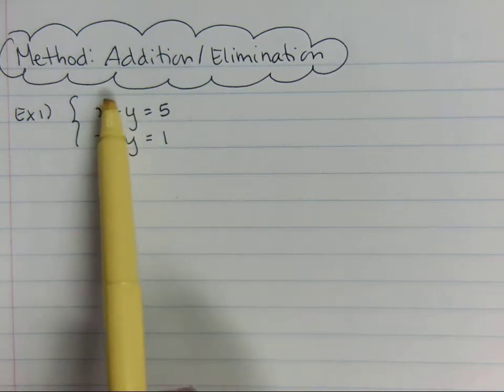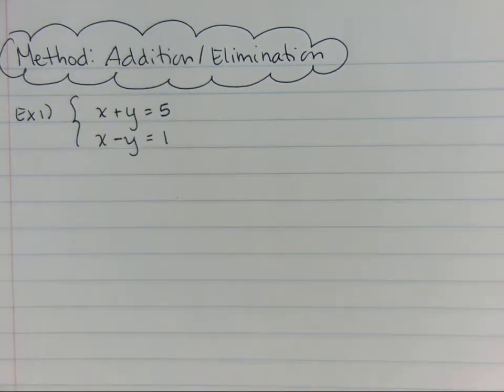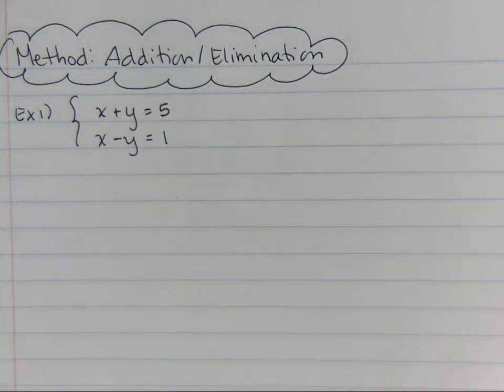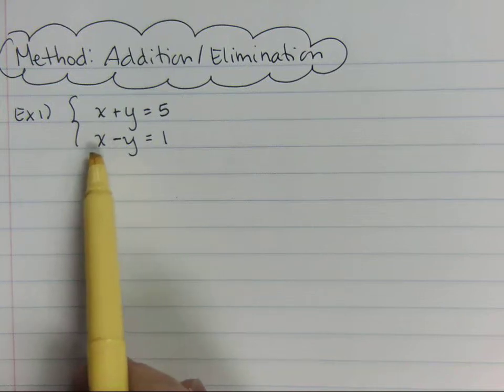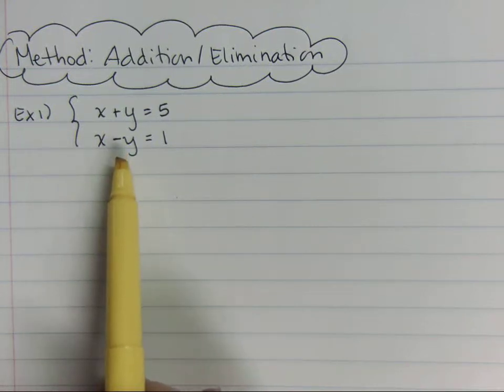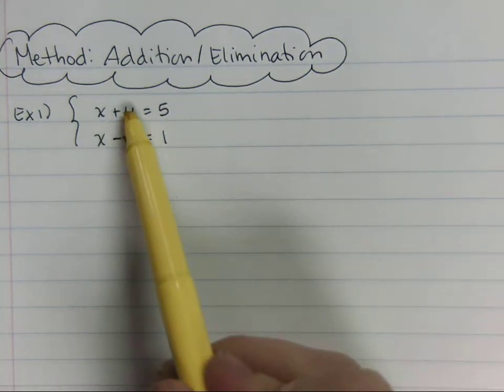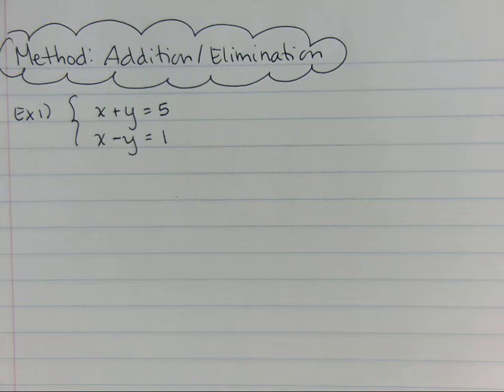So your goal is exactly what the method says. We are trying to add these two equations together to be able to eliminate one of the variables. When you look at the variables x and y, you want to see if, were we to add these together, one of the variables would eliminate, meaning one of the variables needs to be the exact opposite of the other.